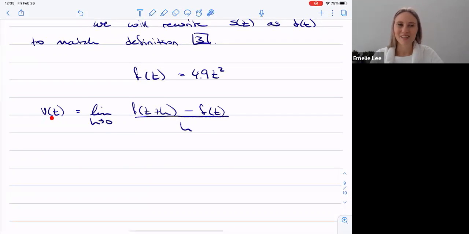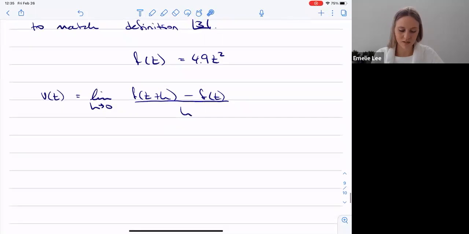Noticing that I'm just developing a function for the velocity in terms of time, at any time point t. So we're actually already doing what we're going to be doing in 2.8. We've already done it, but it's going to feel weird in the beginning.